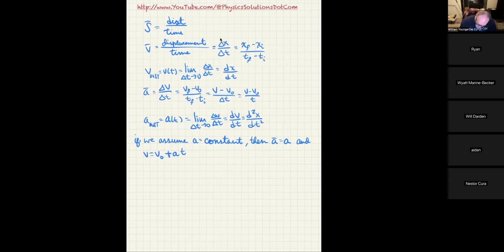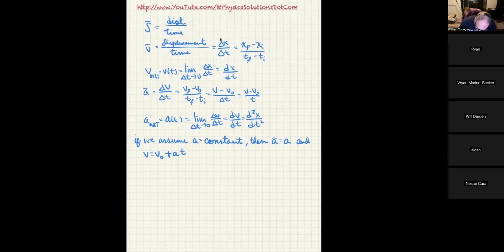Now, what we did after we integrated a equals dv/dt, we got this v0 plus at equals v of t. Then we said, okay, I'm going to take that v, which is equal to v0 plus at, set that on the left-hand side of an equal symbol, and on the right-hand side is going to be dx/dt, and I integrated that.